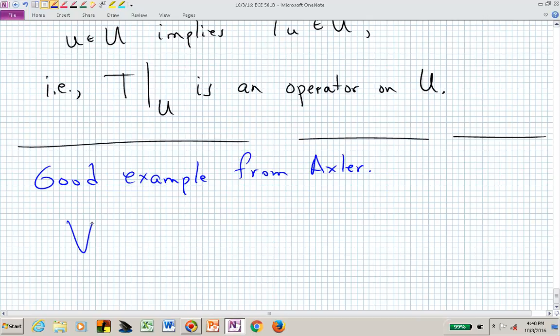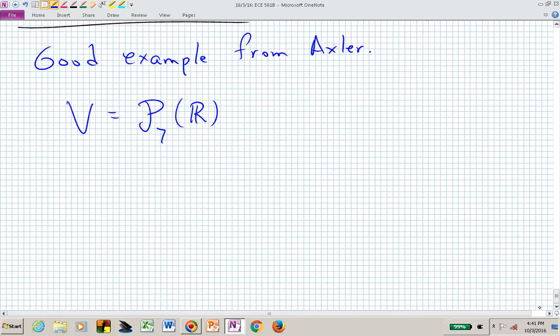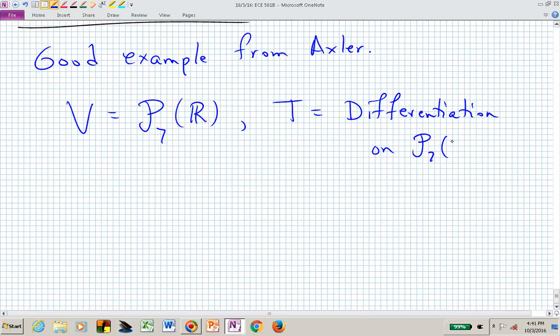And that is, suppose that our underlying vector space is the space of seventh order polynomials on the field of real numbers. And let's assume that our linear map, T, is actually the differentiation operator on P7.